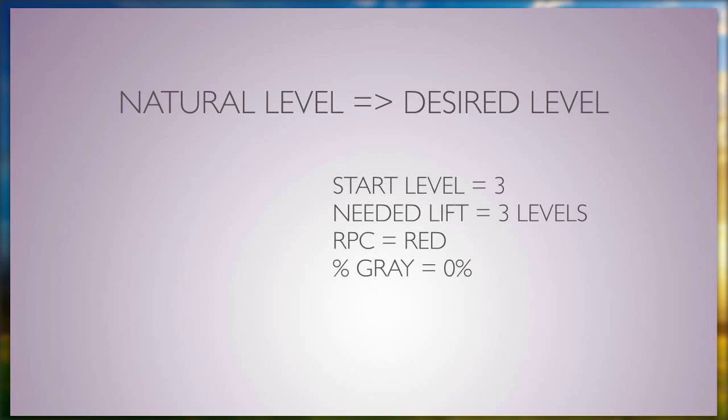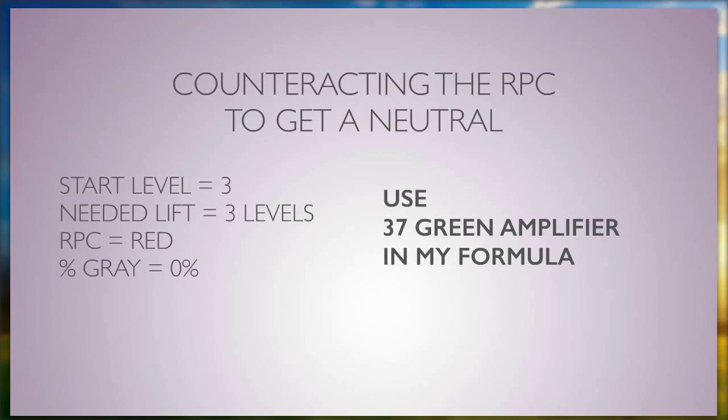We know that we're going to have remaining pigment that's red, and for this person, they've got 0 gray coverage. Now, simple stuff first, and then we'll get into the more complicated things. Basically, if I'm going to counteract the remaining pigment that's going to be left over, which is going to be red, because I want a more neutral look, I'm going to add 37 green amplifier into my formula.